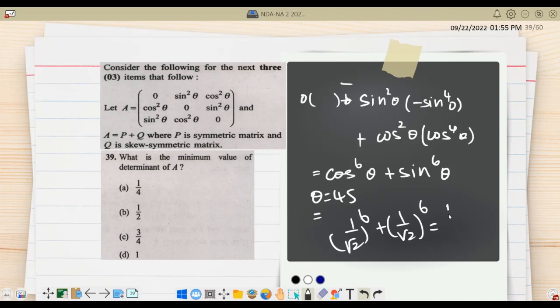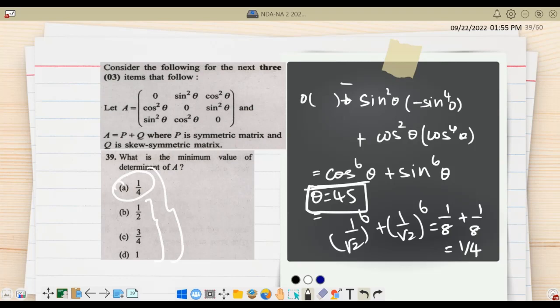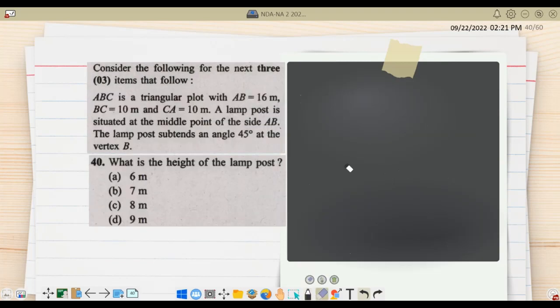So that is actually 1 by 8 plus 1 by 8, which is 1 by 4, which also happens to be the minimum value of all the options. So obviously we used the correct angle. Our assumption was right. So moving on, now we're going to see the 40th question.